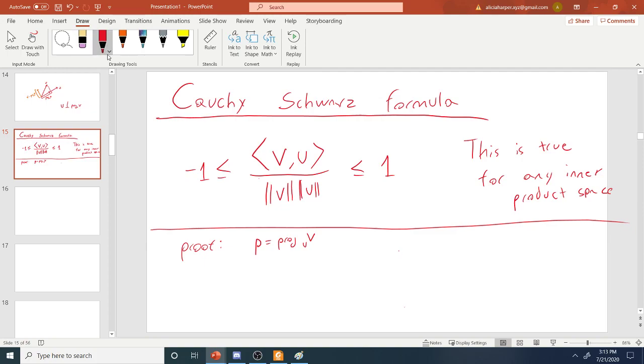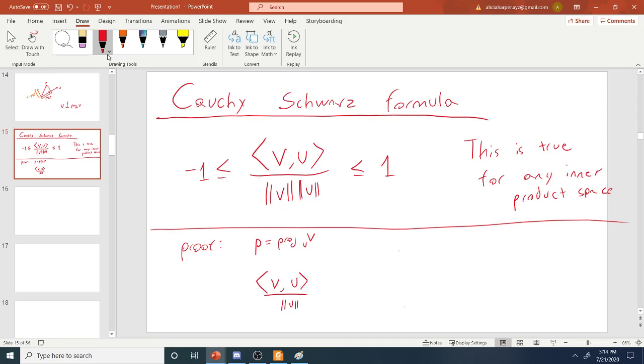And then I'm going to consider again the inner product of v with u, in this case divided by the length of u. So this is the scalar projection.